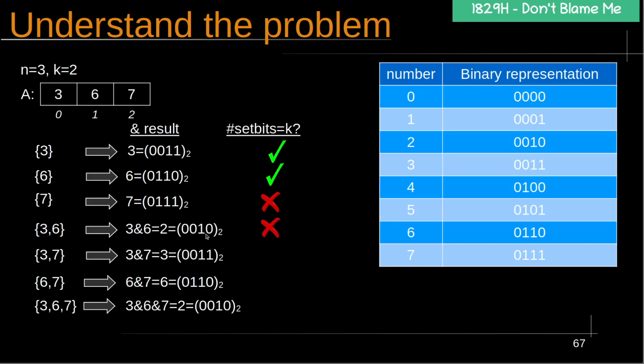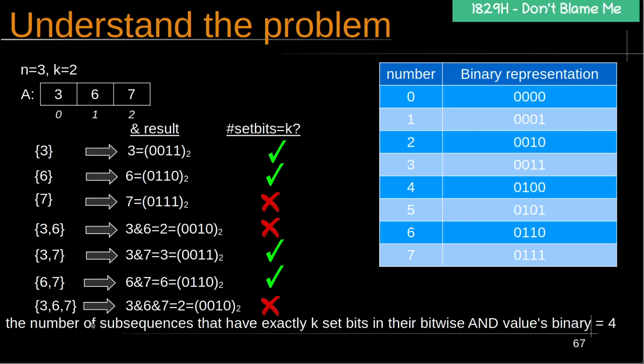This is no too, because we have 1 set bit. This is yes because we have 2 set bits, because k is equal to 2. Same here and no. So at the end, the number of subsequences that have exactly k set bits in their bitwise AND value, k equal to 2, is equal to 4.